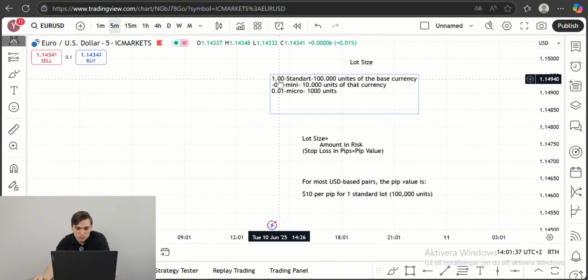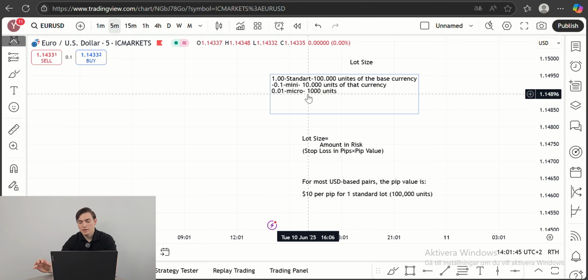And that equals what I wrote here on the left: 1.00, 0.1, 0.01. That's the volume. When you are on the chart and you're going to trade, you have, for example, MT4, MT5, on the left side in blue, red, it says buy and sell, right?